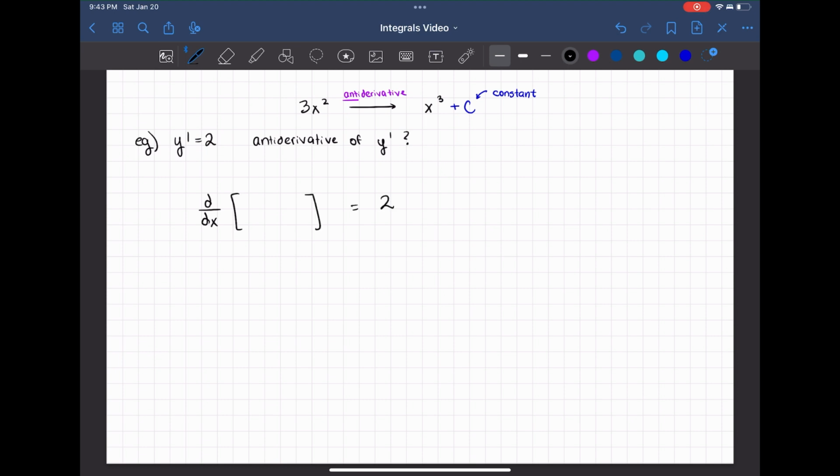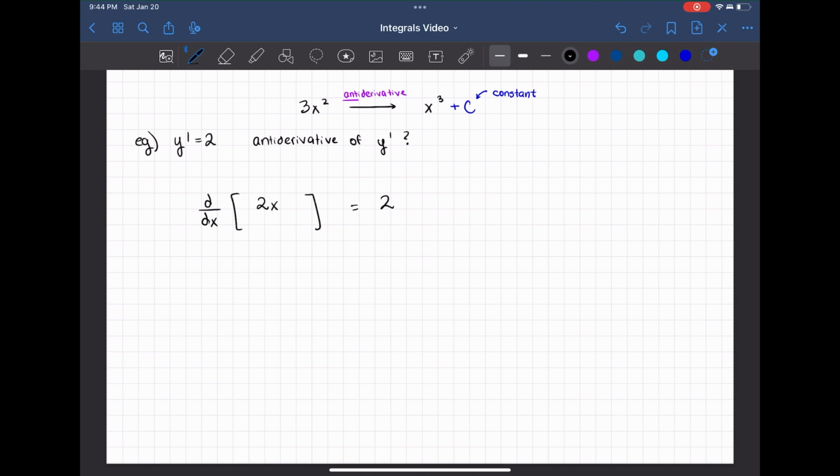And hopefully at this point, we should be able to pick up that if we just add a simple x, that will give us the antiderivative, because with 2x, with just one x, it's just going to be dropped, right? We know if there's just one variable to the power of 1, we just drop it.